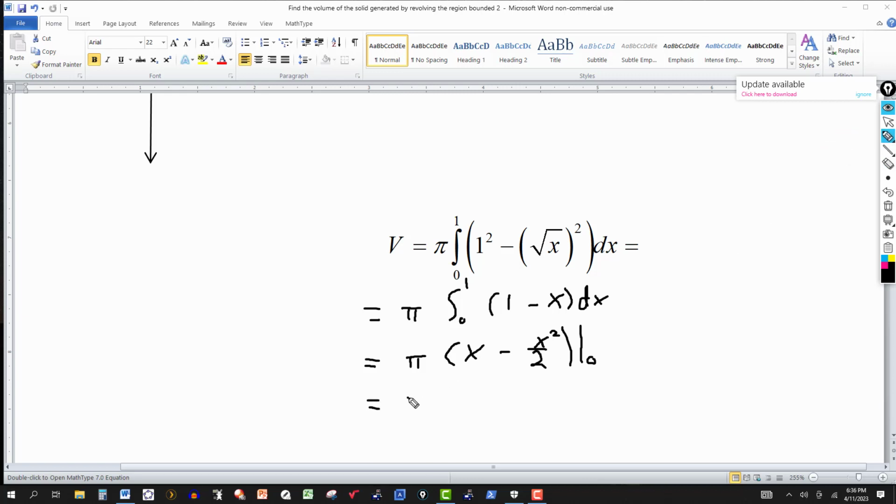So this will equal pi times, evaluate at 1, so this will be 1 minus 1/2, and then we evaluate it at 0, so that's just going to be minus 0.